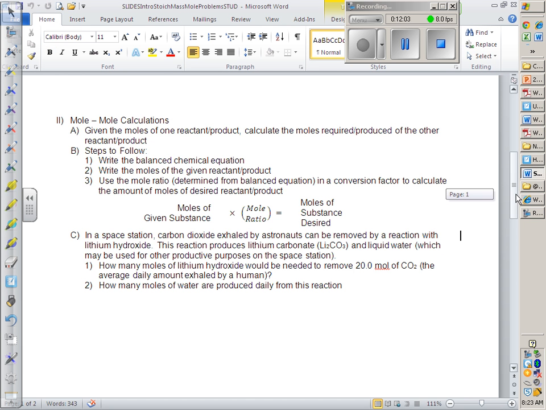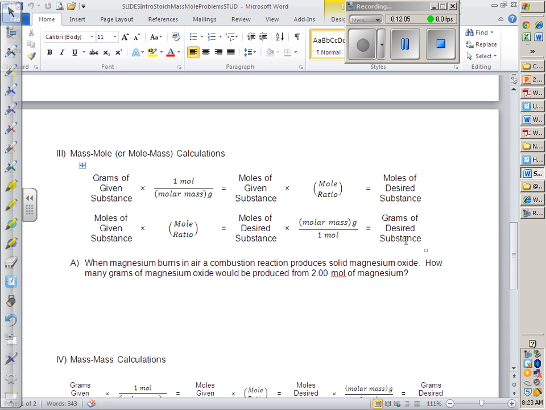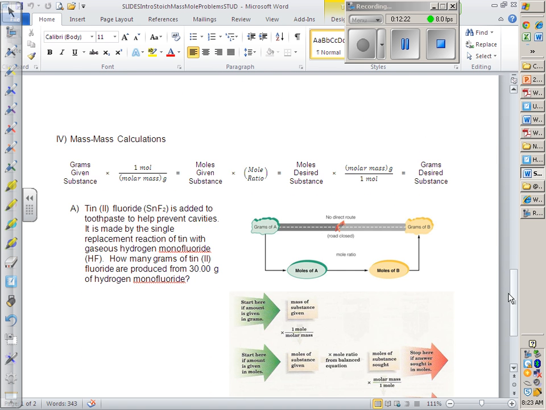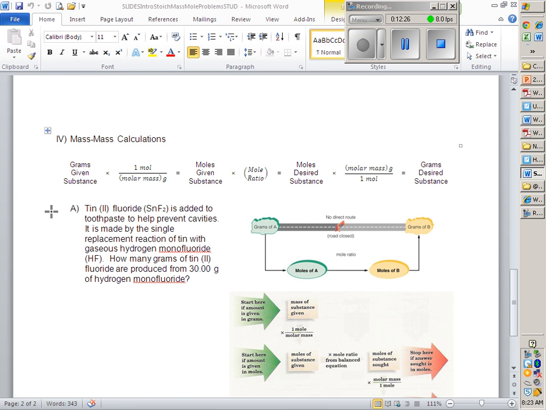On Thursday, we moved to the back and we did mass mole calculations, where we had to make use of the formula mass to get our reactant in a unit that is convenient for comparing it to other parts of that reaction. Today, we go mass. And mass starts with this problem.